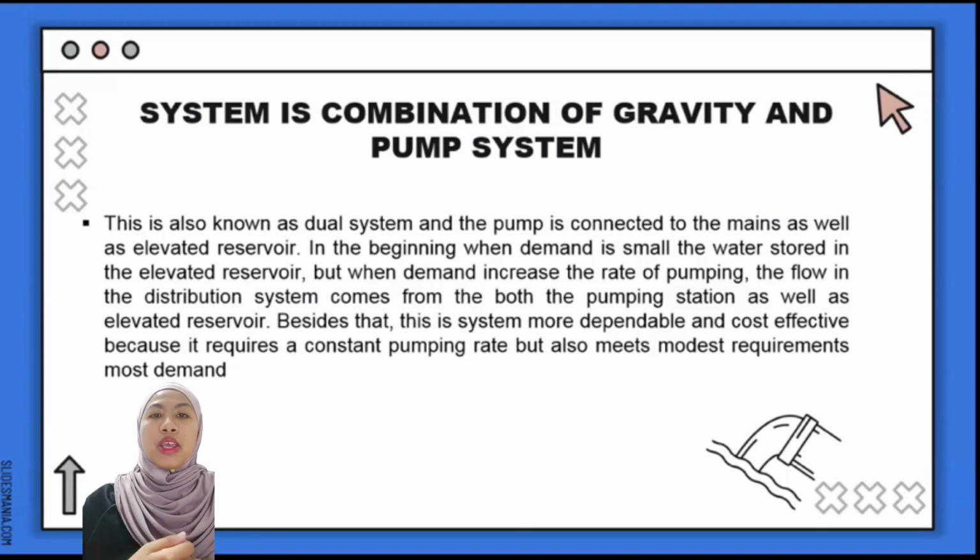But when demand increases, the rate of pumping increases, and the flow in the distribution system comes from both the pumping station as well as elevated reservoir. Besides that, this system is more dependable and cost effective because it requires a constant pumping rate but also meets modest requirement of more demand.